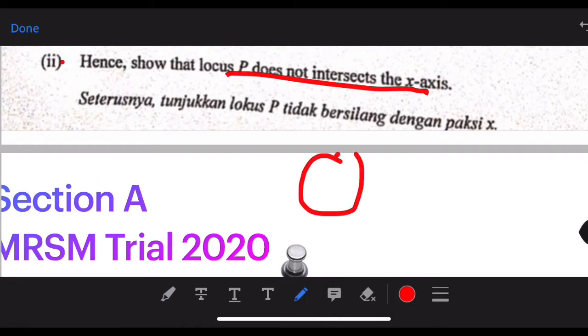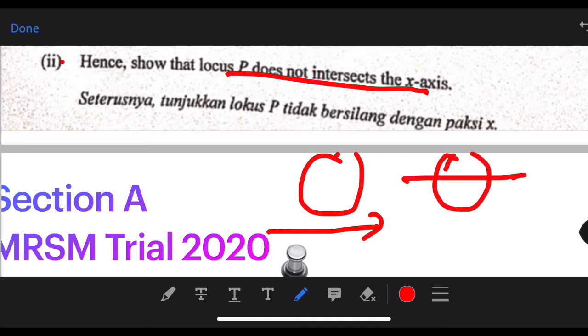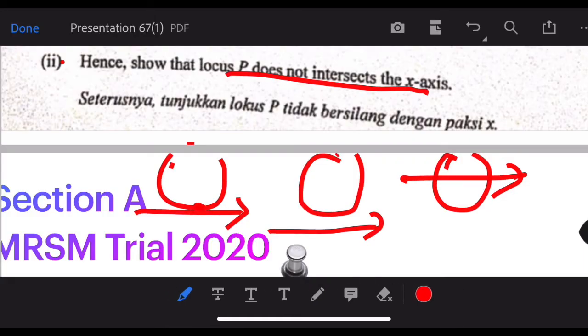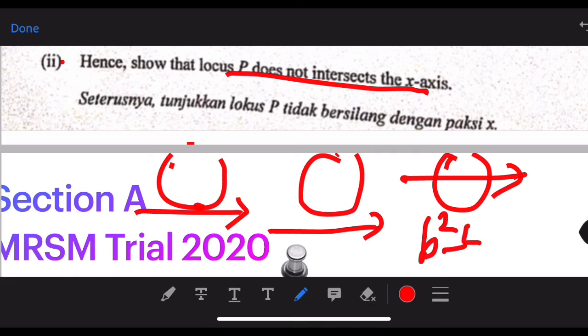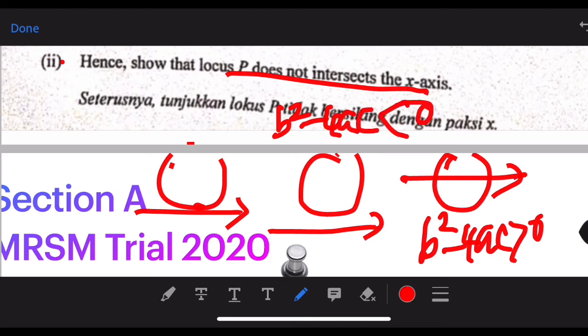The locus above the x-axis, cutting, and then the last one is the locus lies on the x-axis. So this one is b squared minus 4ac more than 0. This is b squared minus 4ac less than 0. This is b squared minus 4ac equals 0. So we will choose this one.